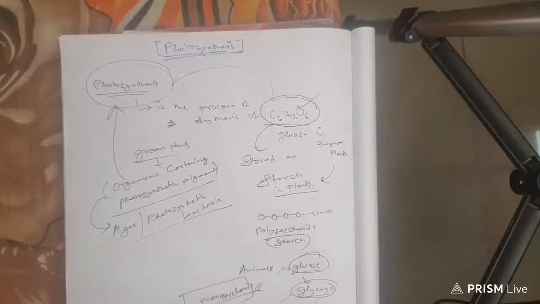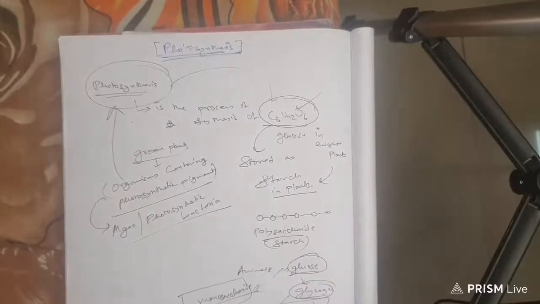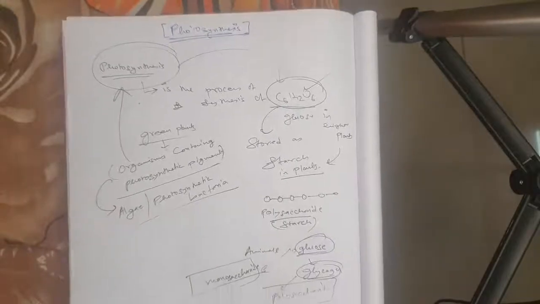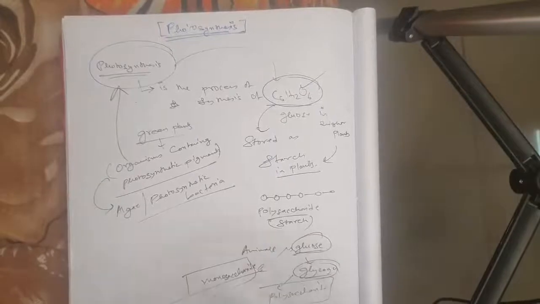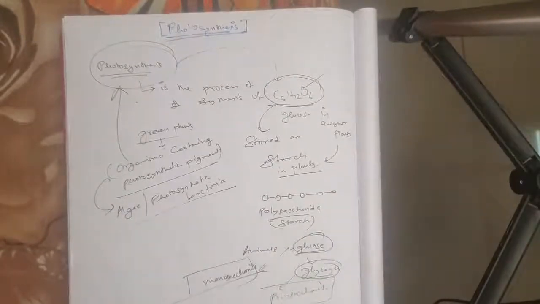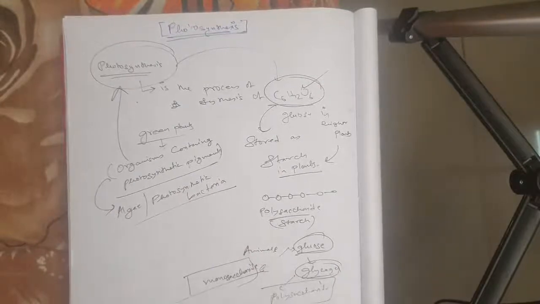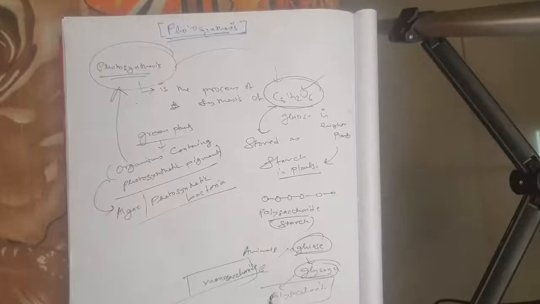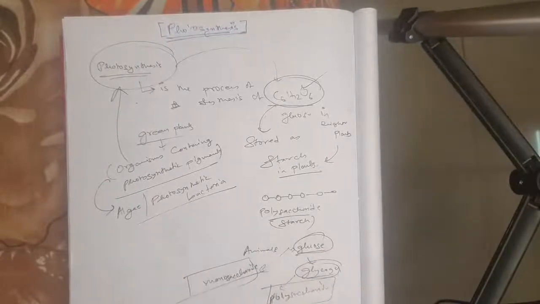Fine. So there is a monosaccharide and a polysaccharide, and as you can see, food is always not stored in the simpler monosaccharide form, but in a complex polysaccharide form in plants and animals or humans. Now the question arises, why is it so?